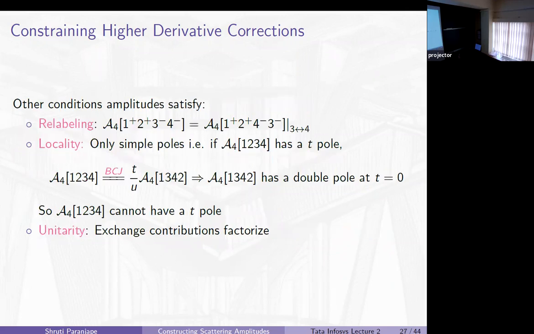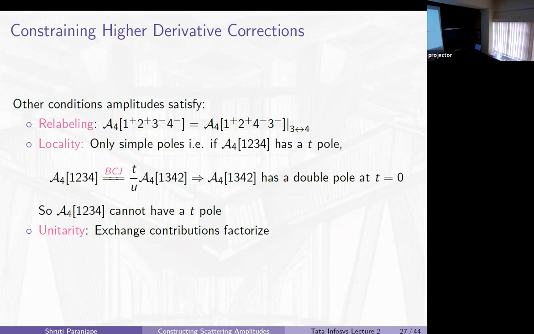Now you have some additional things that you want a healthy amplitude to satisfy. They have to be relabeling symmetric. So whether I'm calling this momentum 1 or momentum 2, it should still give me the same amplitude. In addition, I want them to be local and unitary in the sense that I said before.